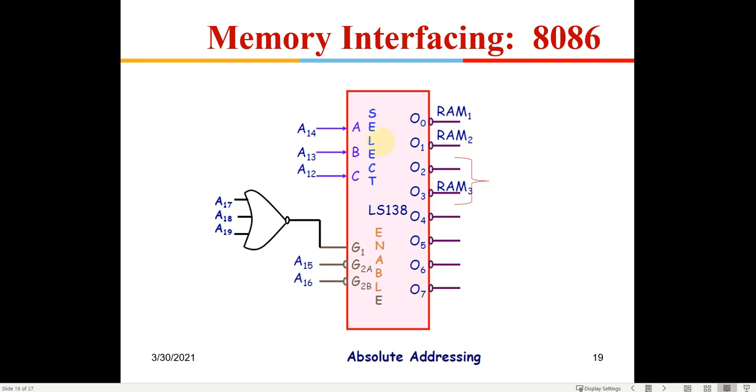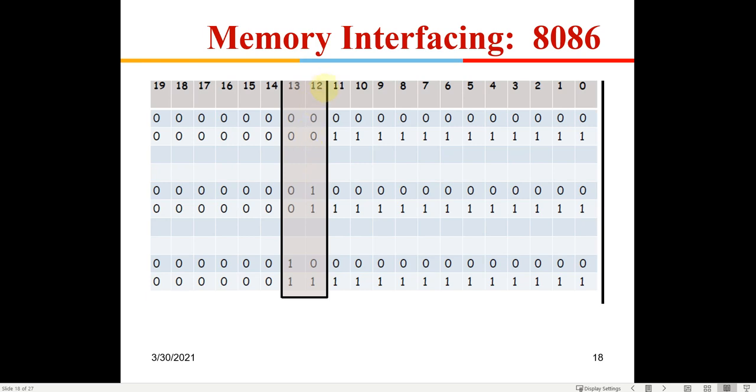Now if you see how this is implemented out here, we have taken A12 and A13. These 2 bits we are going to use to generate 3 different combinations.